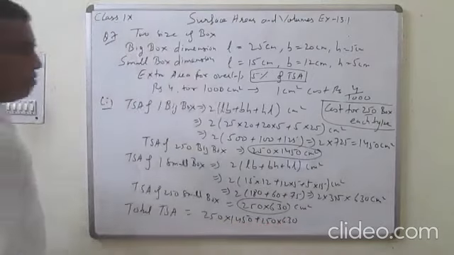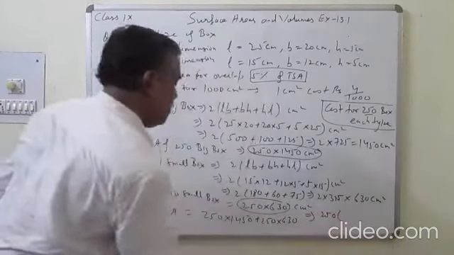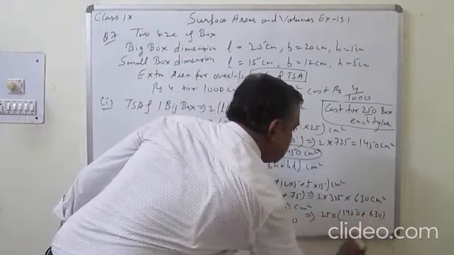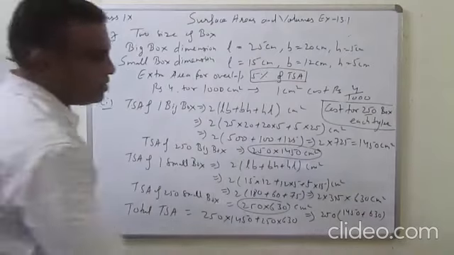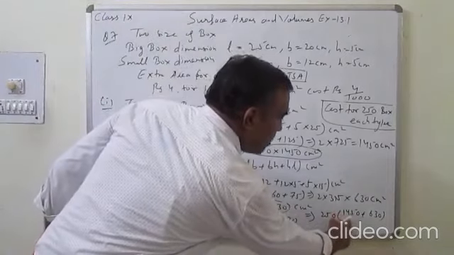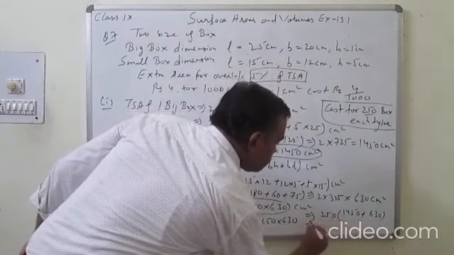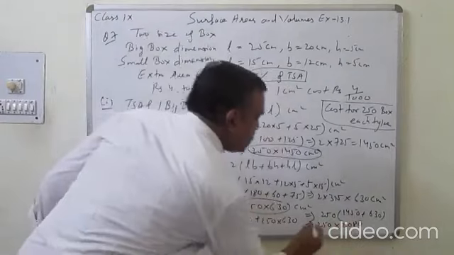Now you can take 250 common, it becomes 250 into (1450 plus 630). If you add it, you will get 2080. It becomes 250 into 2080 centimeter square.